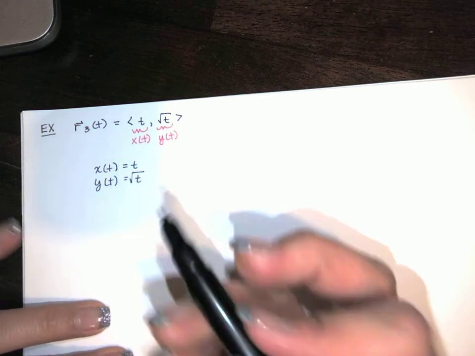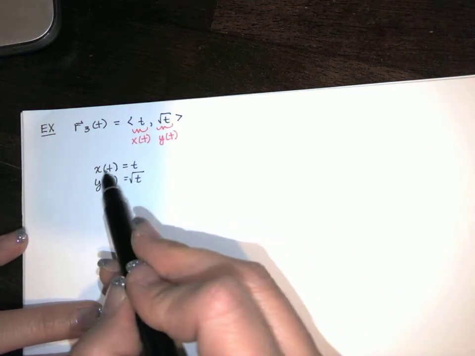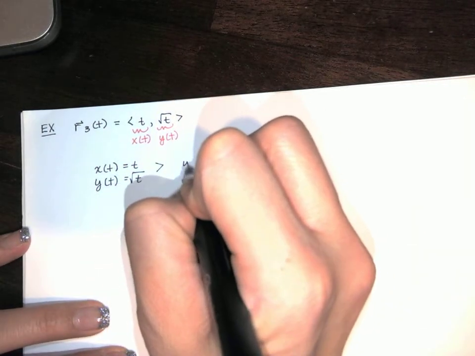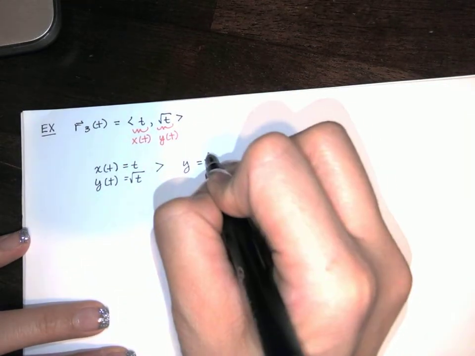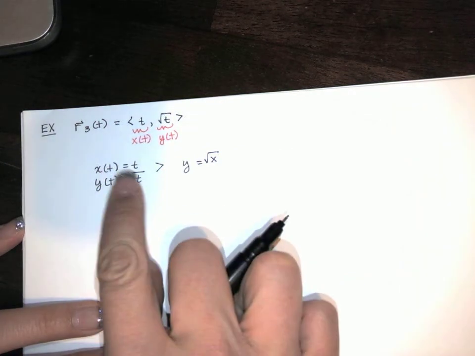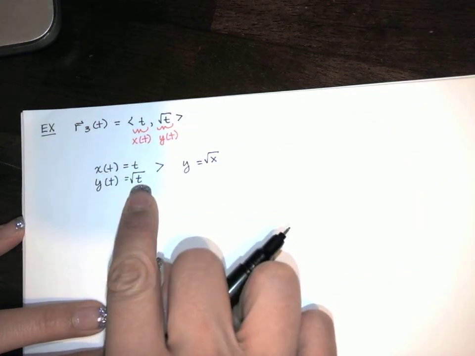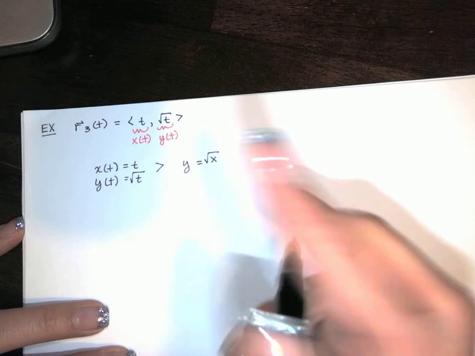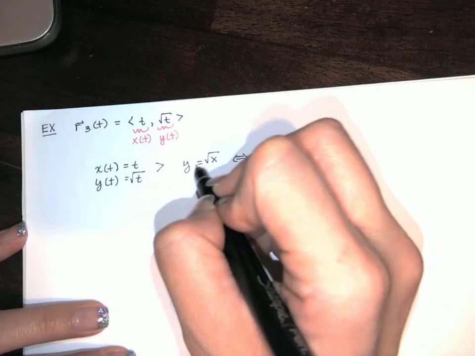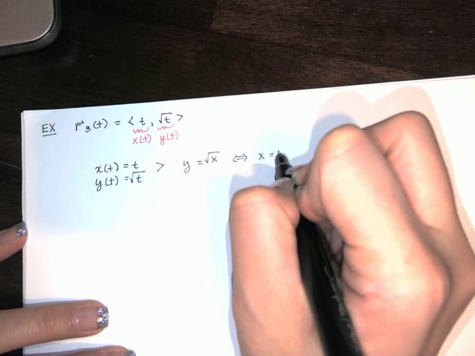Now, putting these two pieces together, I can replace x with t. x and t are the same thing. So this is y equals the positive square root of x, because I'm replacing that t with x. I'm just plugging that in. Now, if you want, you could rearrange this equation. If I square both sides, I get x equals y squared.